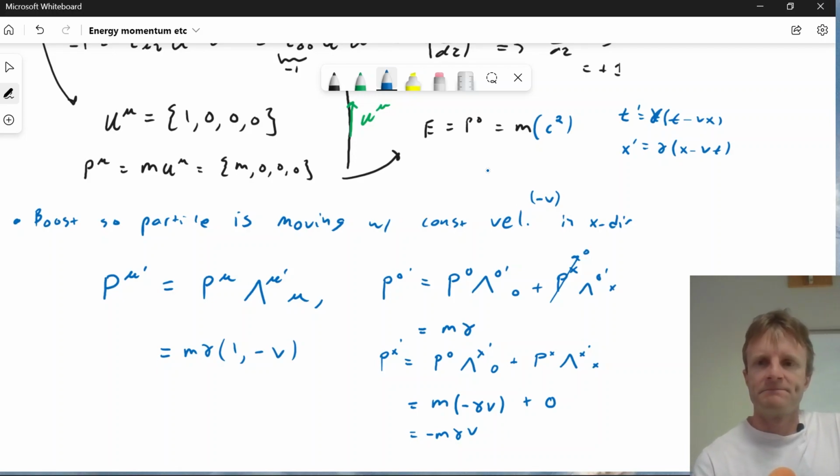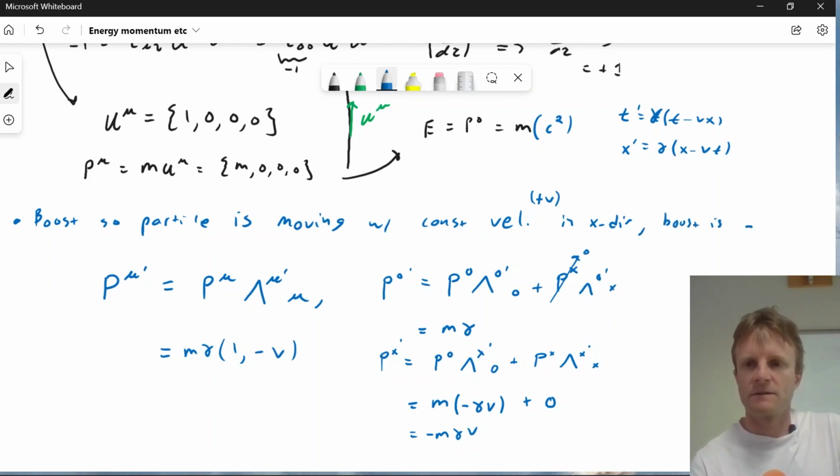So, I mean, yeah, maybe I should just flip the signs. So let's give it constant velocity plus v in the x direction. So the boost is minus v. So I have to change this up here to a plus, this up here to a plus, and then this will become a plus.